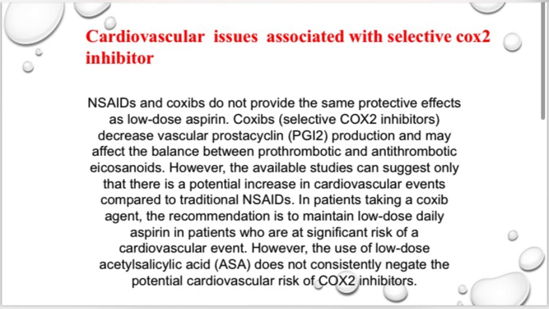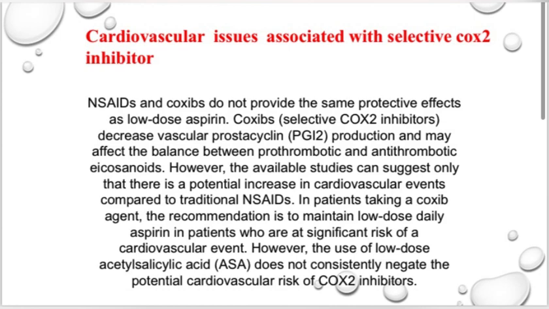Cardiovascular issues associated with selective COX2 inhibitors. Coxibs decrease vascular prostacyclin PGI2 production and may affect the balance between the prothrombotic and antithrombotic eicosanoids.